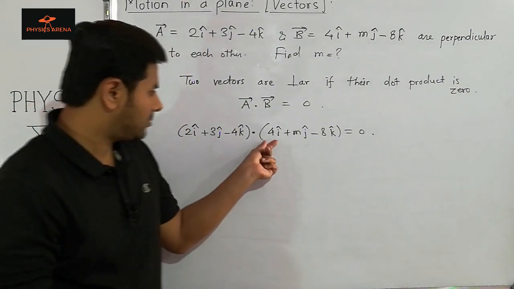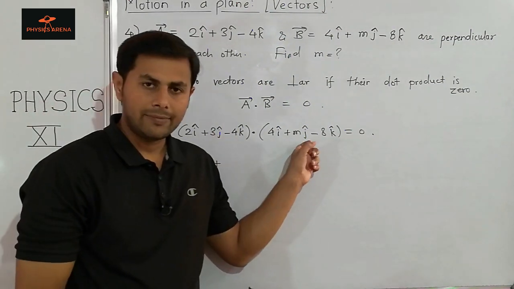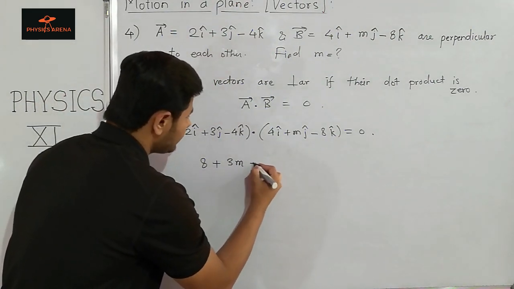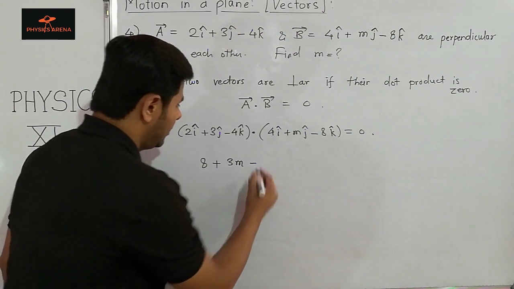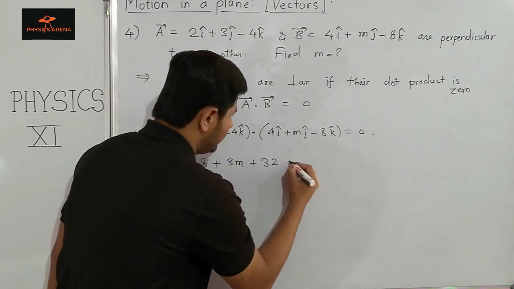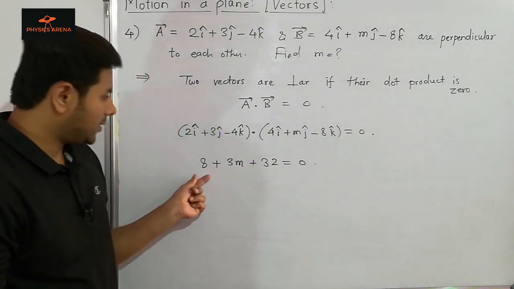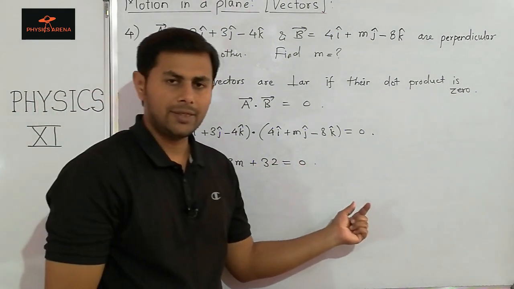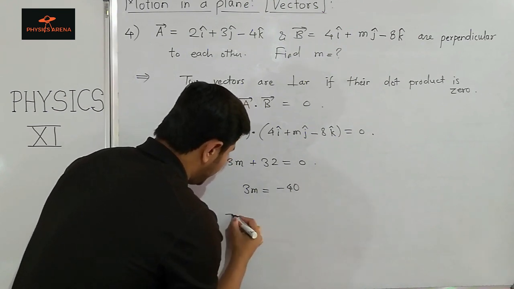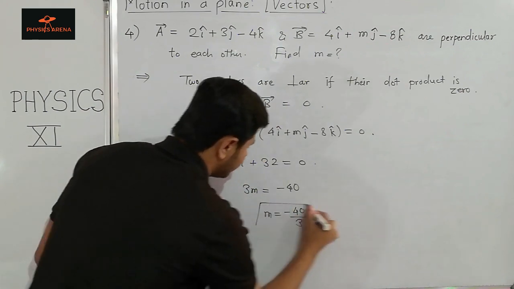Then it is ax bx, which is 8, plus ay by, which is 3m, minus, and that minus, plus 8 4s are 32, so 32 is equal to 0. So 32 plus 8 is 40, we'll take it on the other side, it becomes minus 40, so 3m equals minus 40, which gives me m equals minus 40 divided by 3.